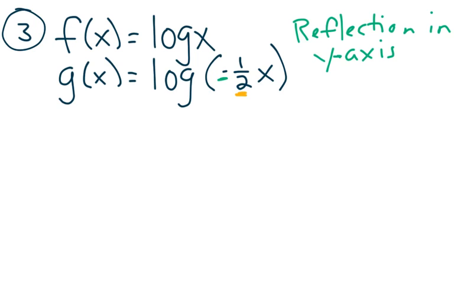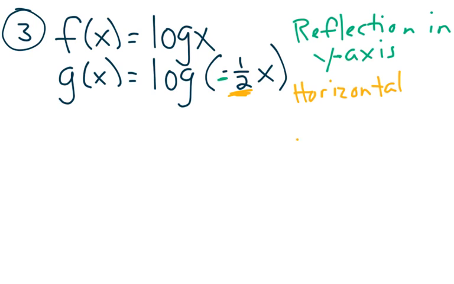The green underlined negative sign, since it's directly to x, inside the parentheses, it's a reflection in the y-axis. Now, the multiplying by 1/2, again, it's directly to x, so it's a horizontal change. Horizontal. Now we need to figure out if it's a stretch or a shrink. Let's figure out the factor first.